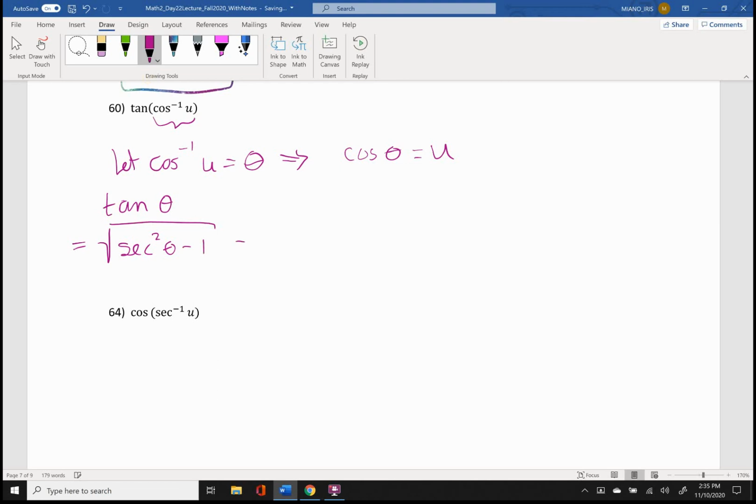But wait, the secant squared theta is 1 over cosine squared theta, yeah? Cosine theta, it happens to be squared here, that's u. So now we can finally write it in its final form of 1 over u squared minus 1, all inside of the radical.